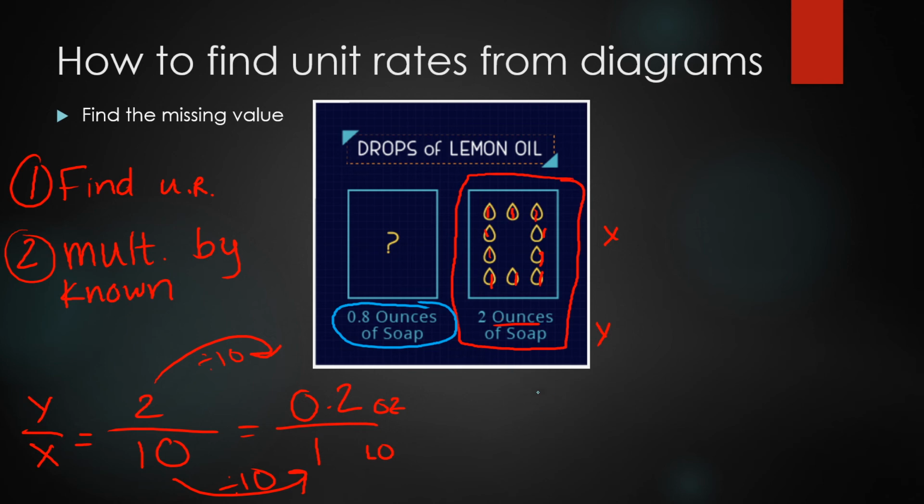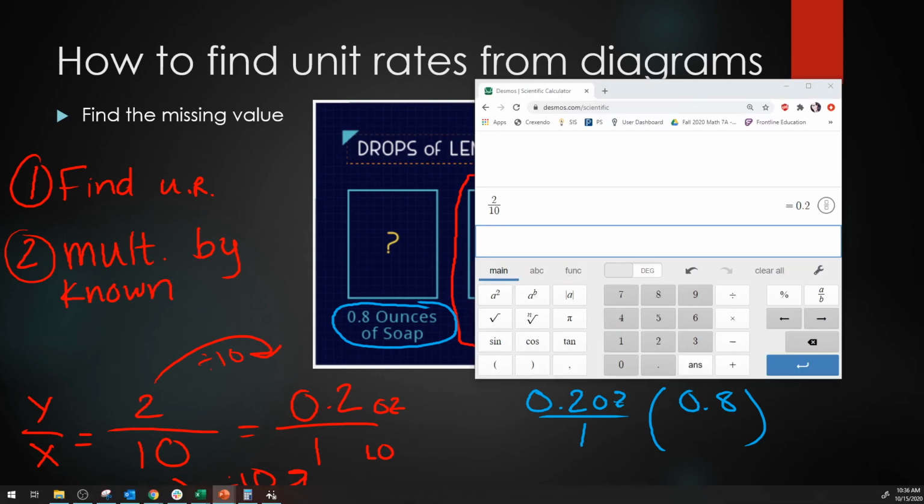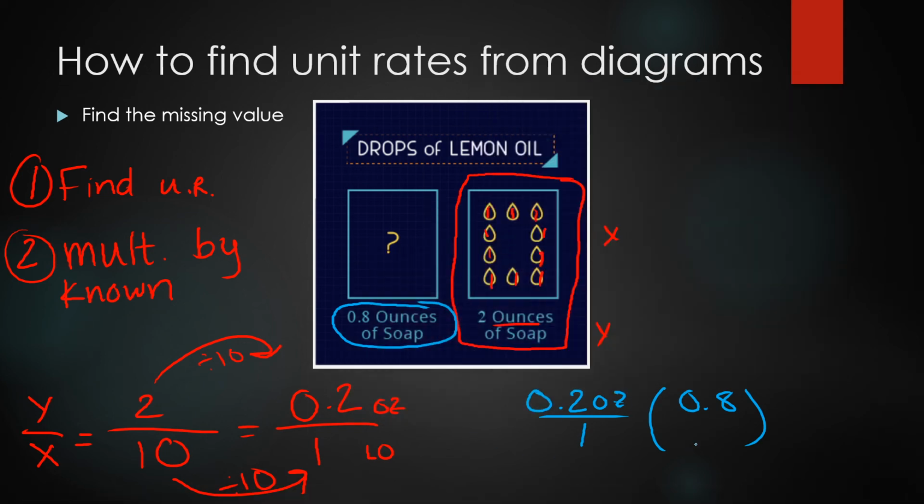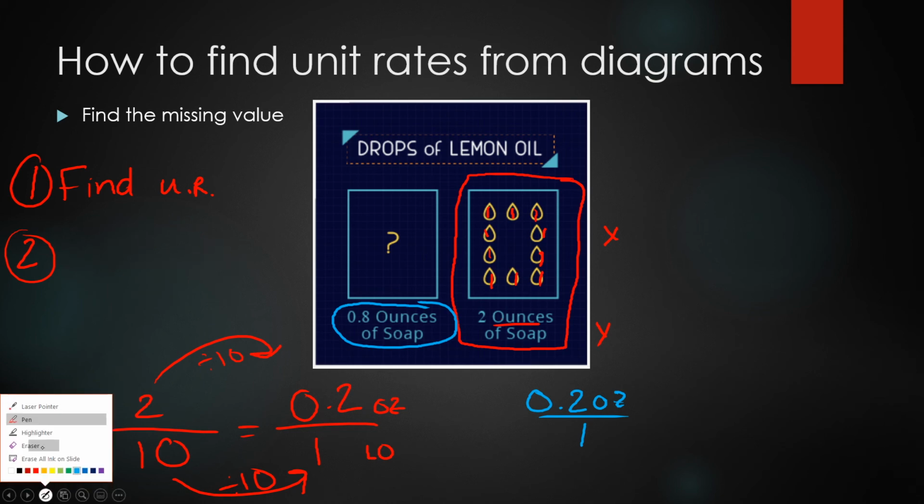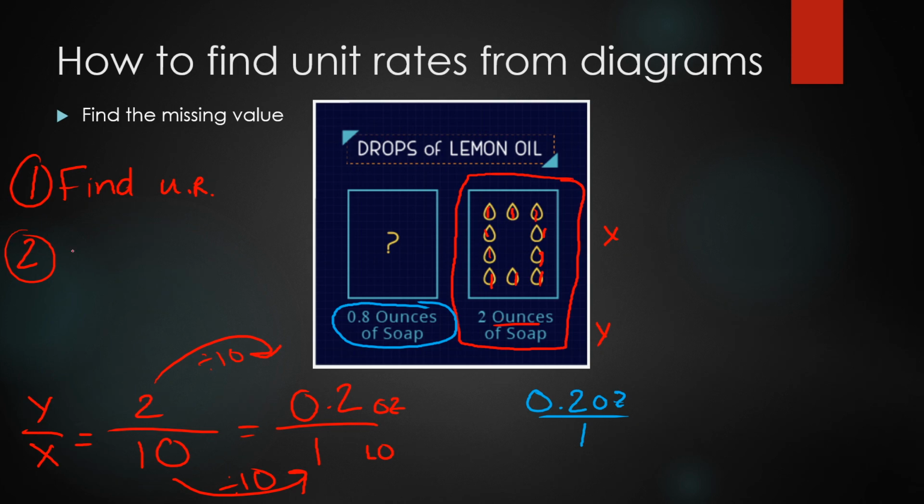So I have this 0.2 ounces over 1, and I'm going to multiply it by this 0.8. Hold on. Instead of multiplying it by the known, since this does not work every time, I apologize. I thought it was flipped.